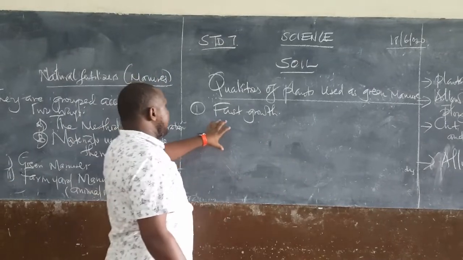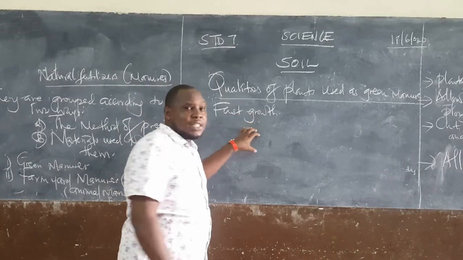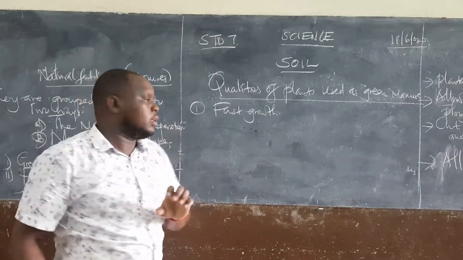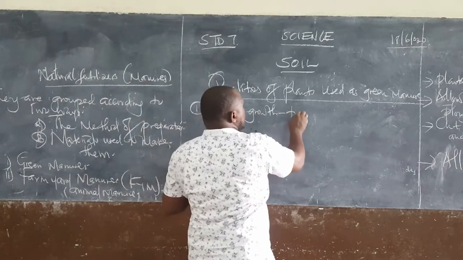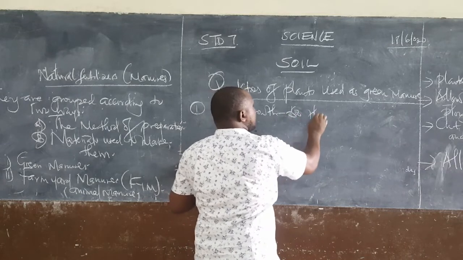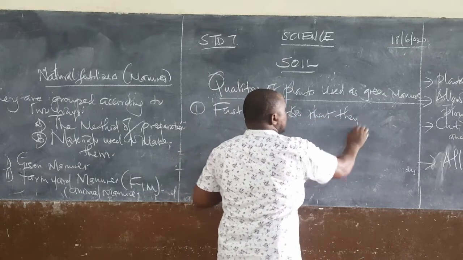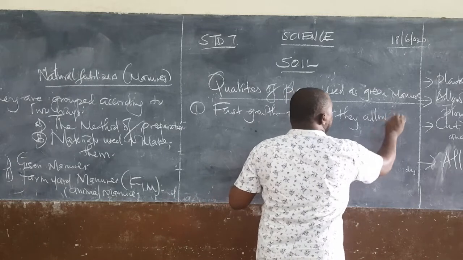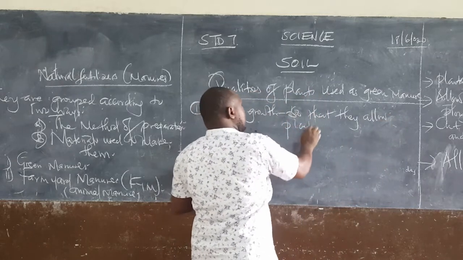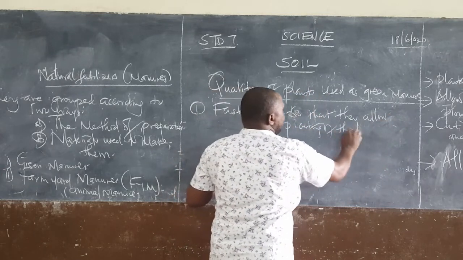So they should grow very fast to give room for planting of the main crop.